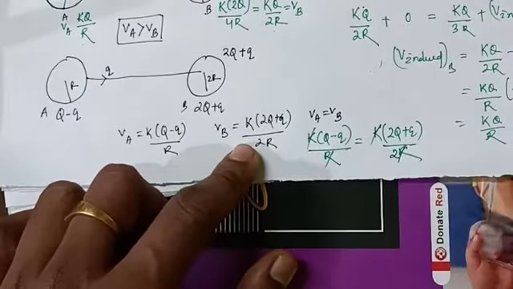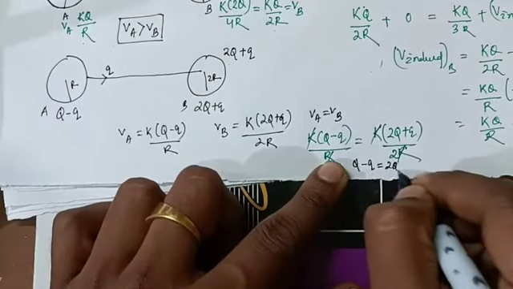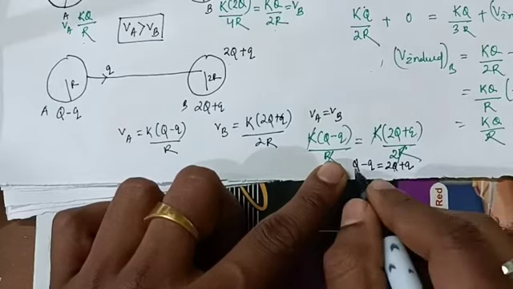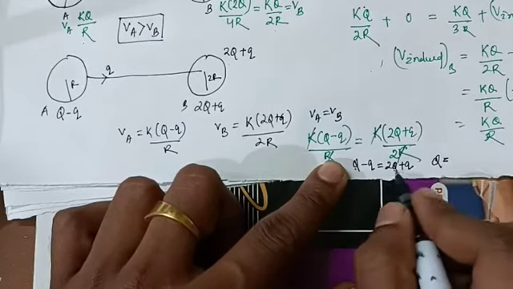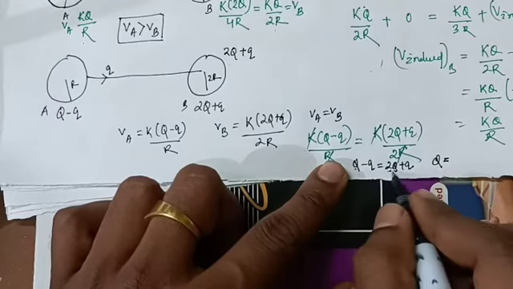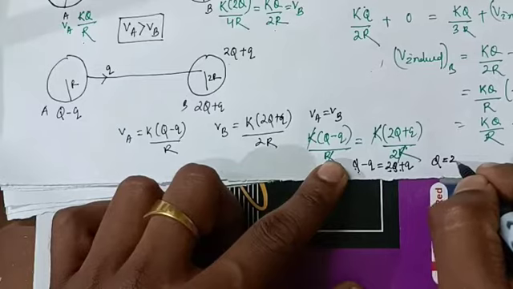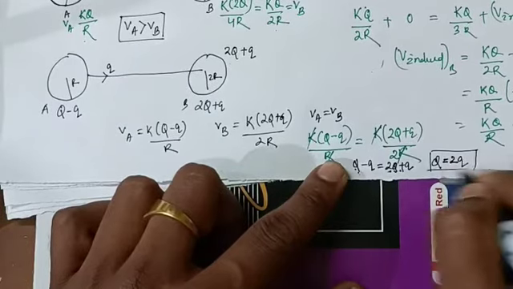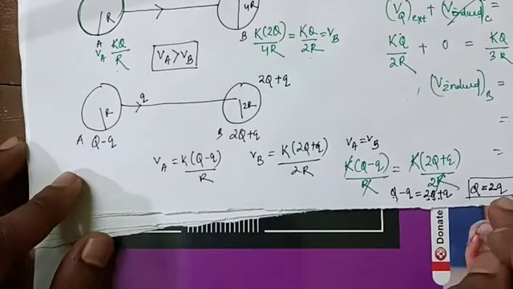If you solve these things, this is 2(Q minus q) equals 2Q plus q, so 3q equals Q, and this gives 2Q minus 2q equals 2Q plus q.